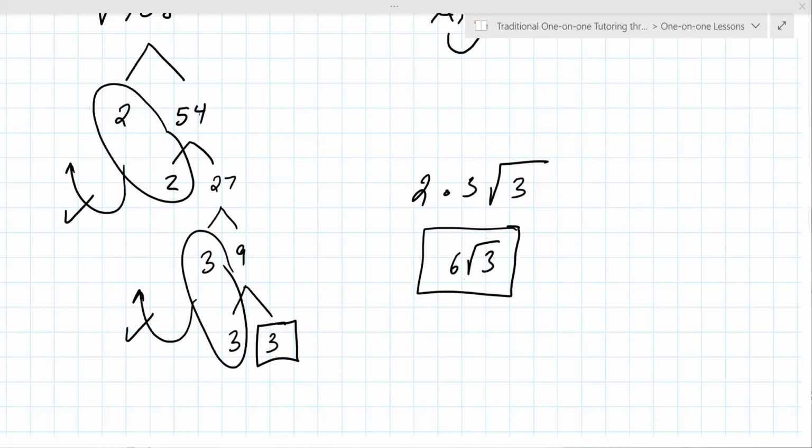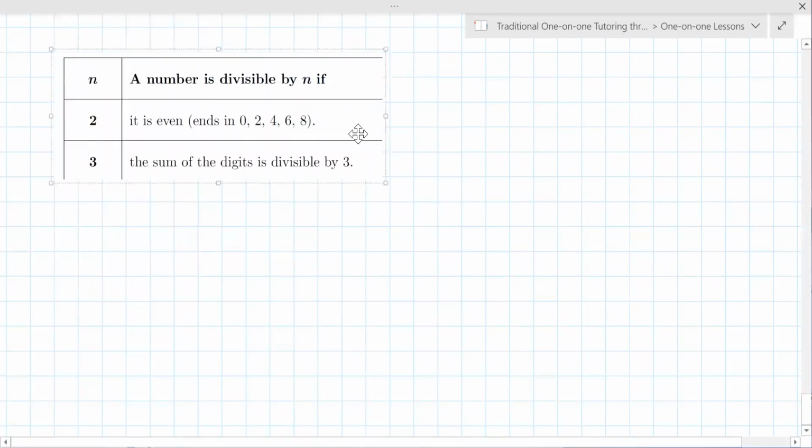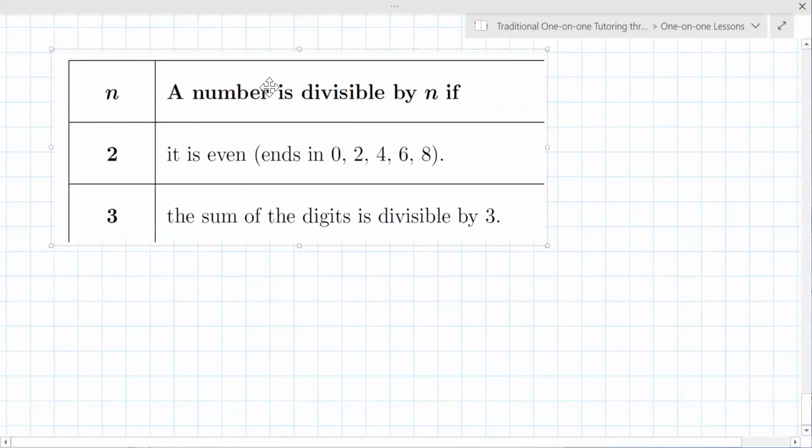Could you read this part up here at the top out loud? A number is divisible by 2 if it ends in 0, 2, 4, 6, or 8.